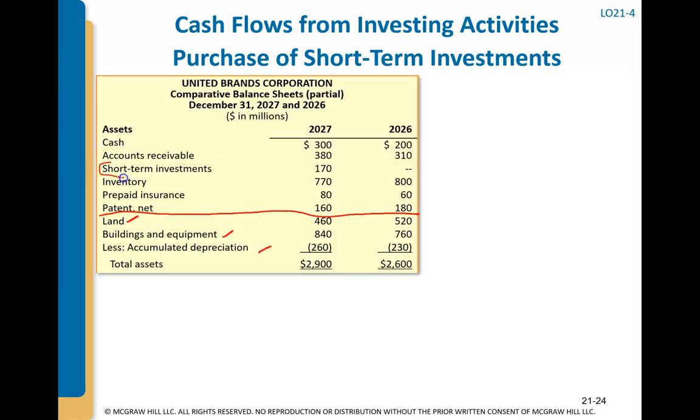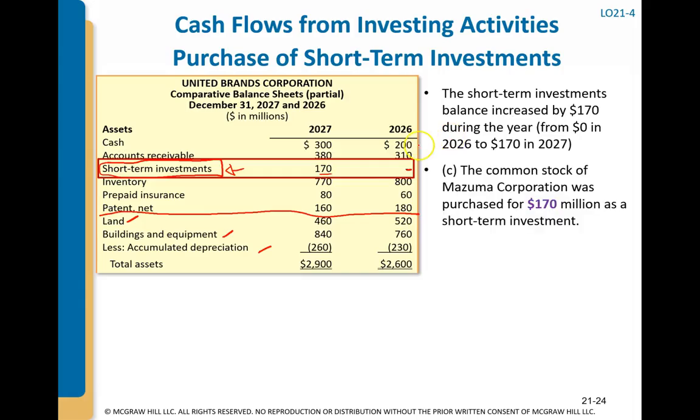But we also have this one, short-term investments. And so typically we look at long-term assets, but we can also have some assets sitting in the current asset section. So it's always important to look at that as well. And you can see our short-term assets grew from $0 to $170, right?